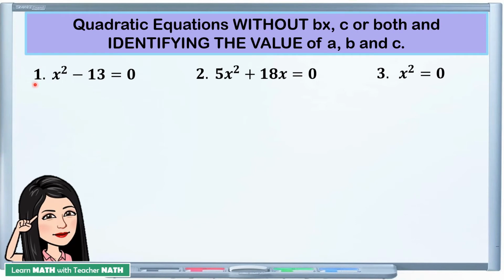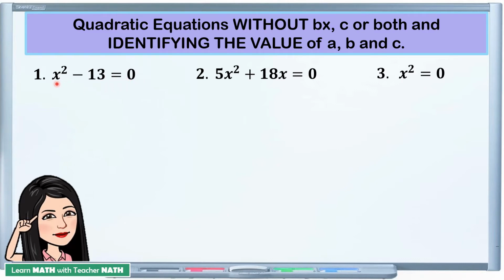Paano kung ang quadratic equation natin ay walang linear term or constant term? Aalamin pa rin natin ang value ng A, B, at C. So, sa unang example, meron tayong x squared minus 13 is equal to 0.